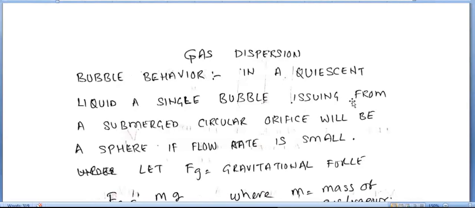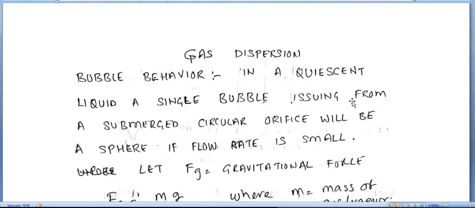What do you mean by submerged? The perforated plate is present inside the liquid, so it is submerged. In a quiescent liquid, a single bubble issuing from a submerged circular orifice will be a sphere if the flow rate is small.